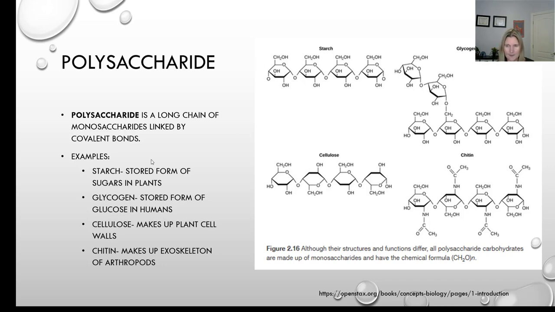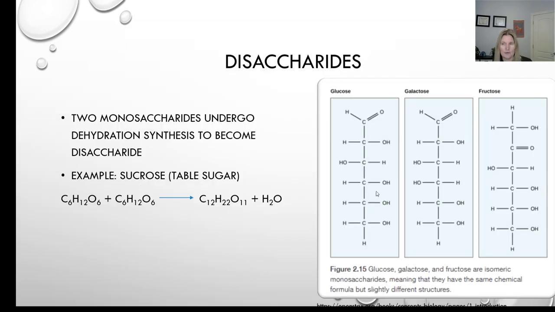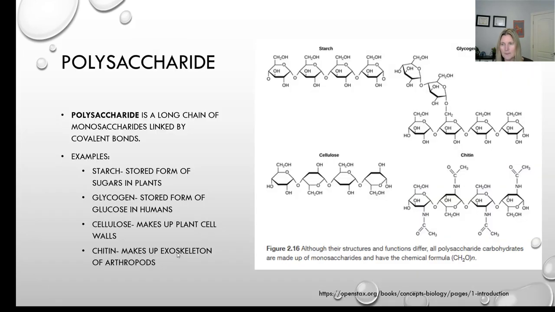I know in the last slide we saw them in a linear structure, but they actually do form a ring. And in doing so, they look kind of like this, okay? And so we have one glucose attached to another glucose with a covalent bond, and another glucose attached with another covalent bond, and so forth. And so we get these linked monosaccharides to form the polysaccharide.